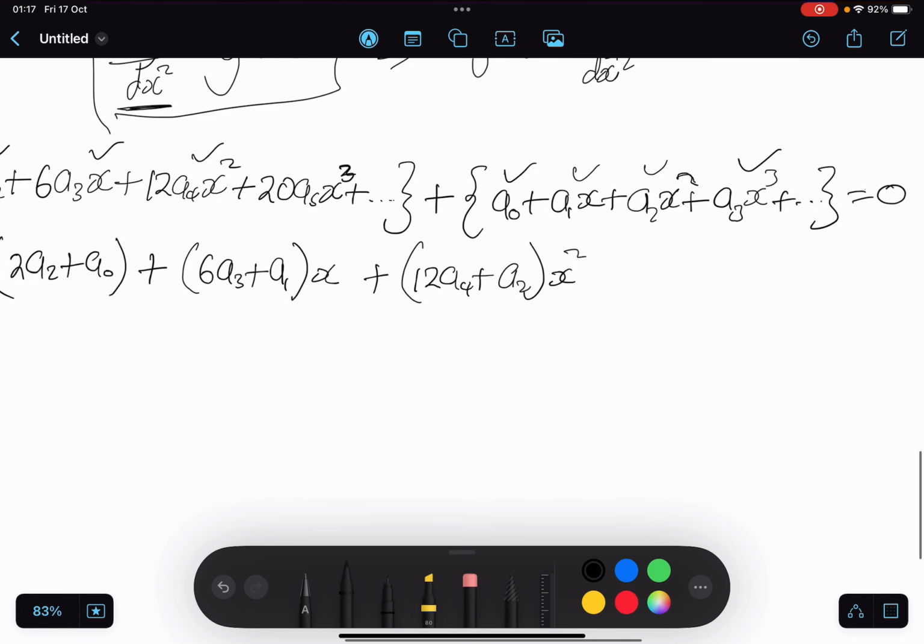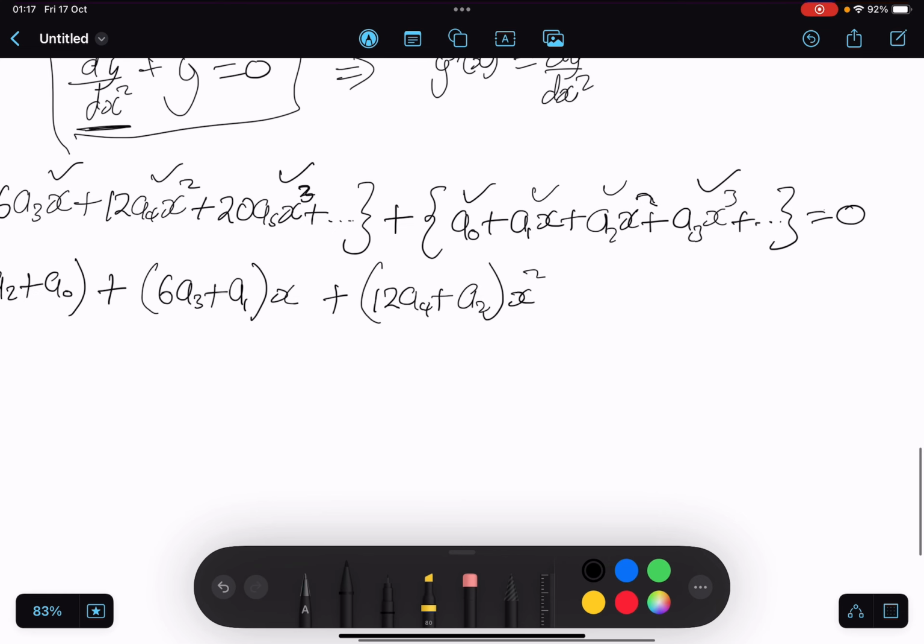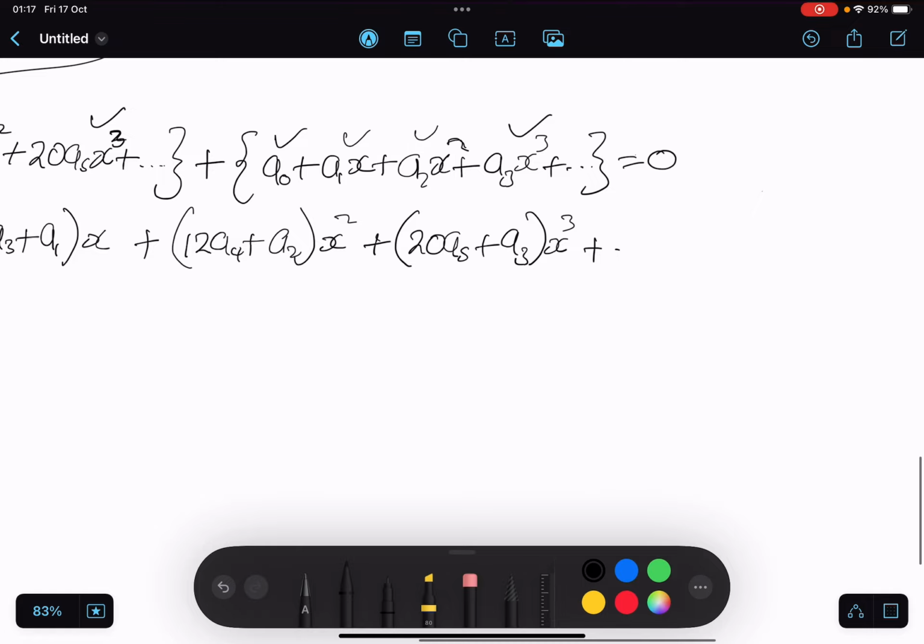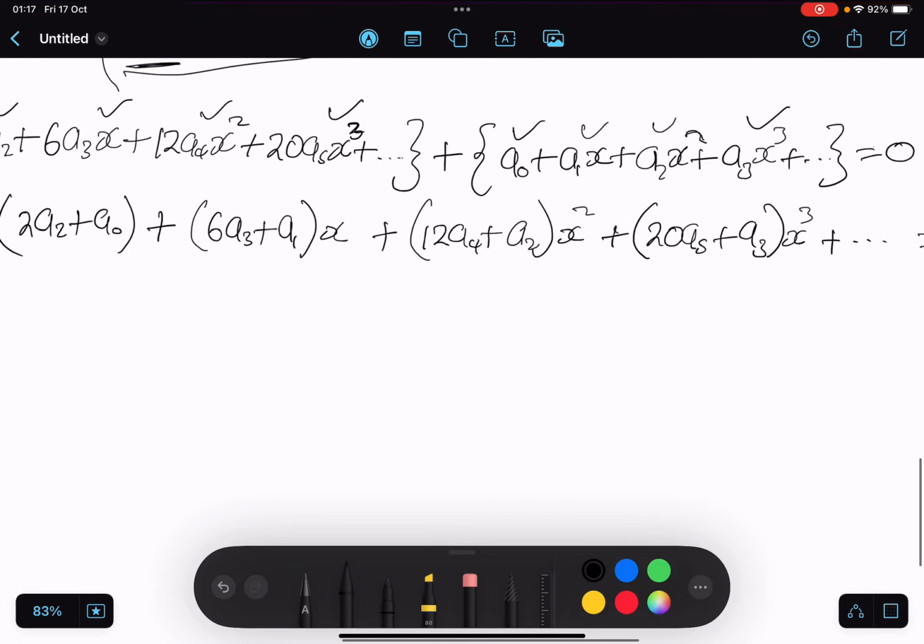And then I'm looking at the coefficients of x cubed. I'm going to have 20a5 plus a3, x cubed. Obviously this continues, isn't it? This is equal to 0.